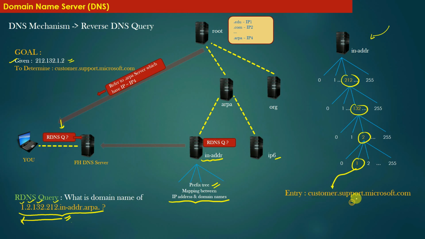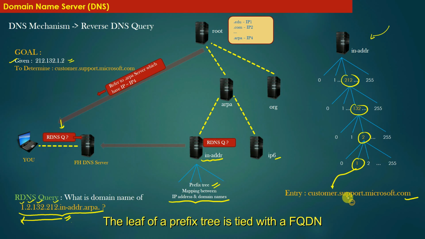and the domain name. You can see that if you look up the IP address 212.132.2.1 in this prefix tree, finally this IP address is going to map to the entry customer.support.microsoft.com. This is the fully qualified domain name, which is actually the final resolution of the reverse DNS query.